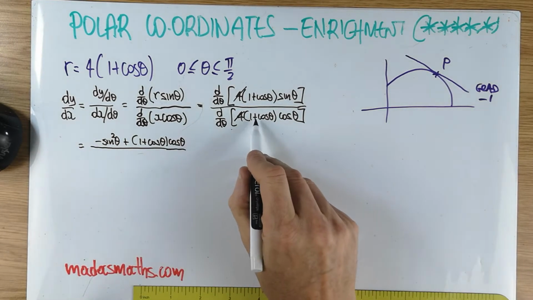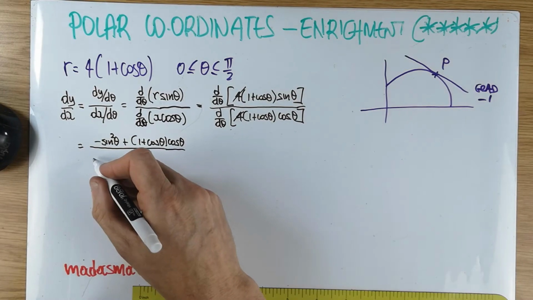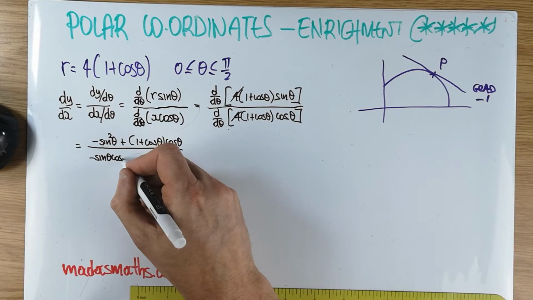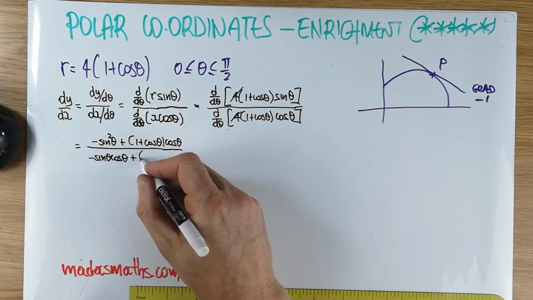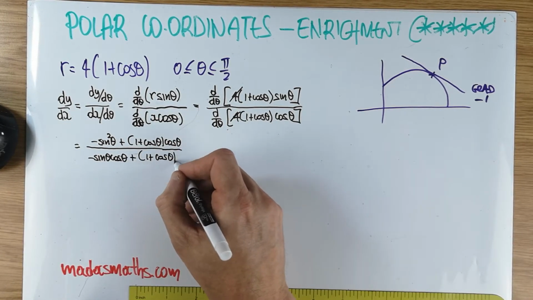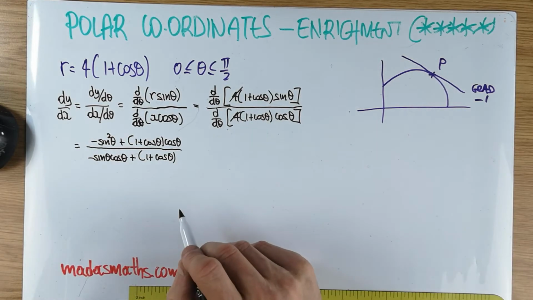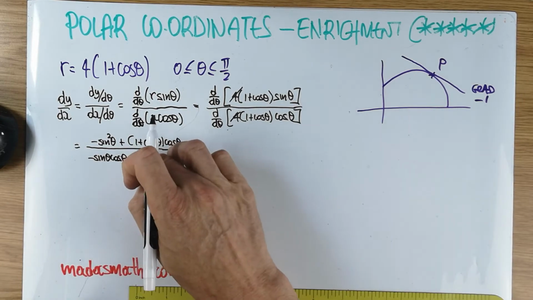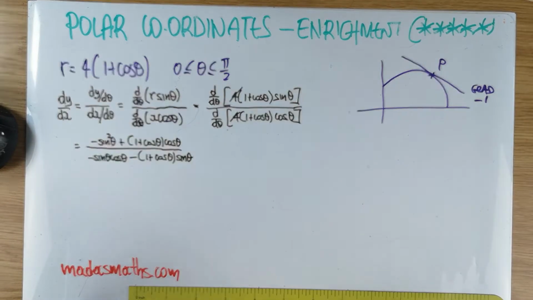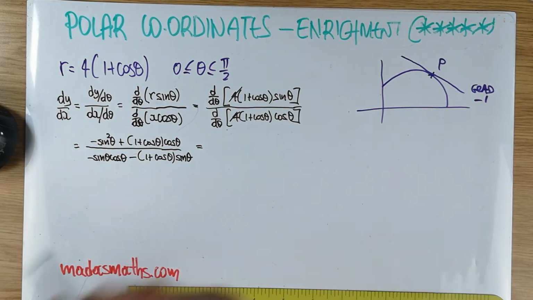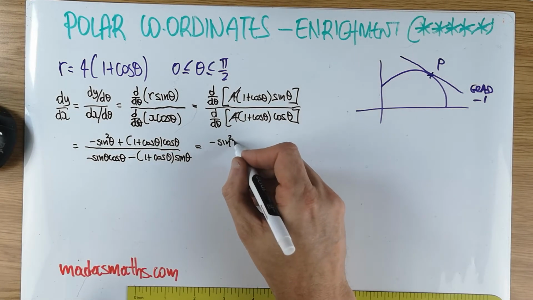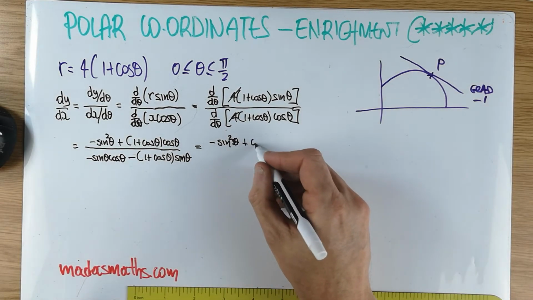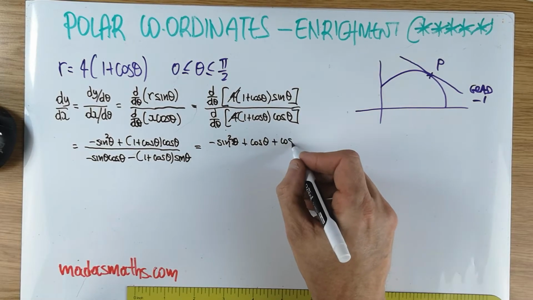And at the bottom, differentiate this bracket, a minus sine of theta times the cos of theta untouched, and then leave the bracket alone, 1 plus the cos of theta, and differentiate the cos, it's going to go to a minus sine. So I'm going to write the sine here and put a minus at the front there. A bit of a tidy, so we're going to get a minus sine squared theta plus a cos of theta plus a cos squared of theta.